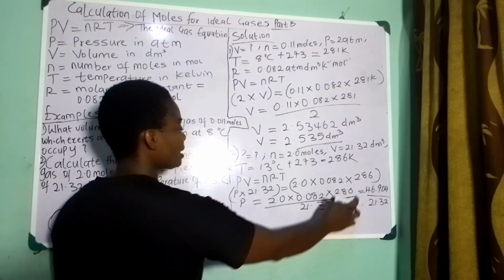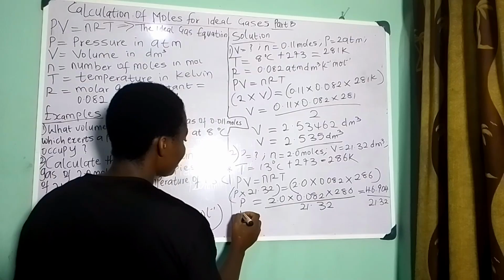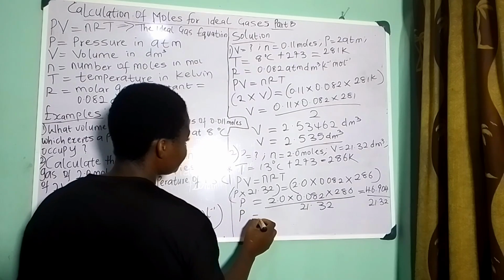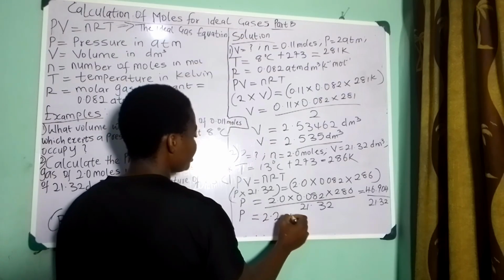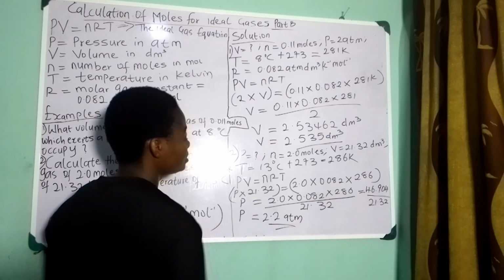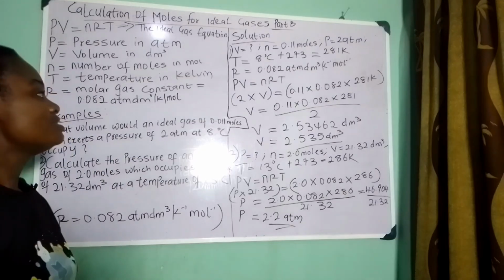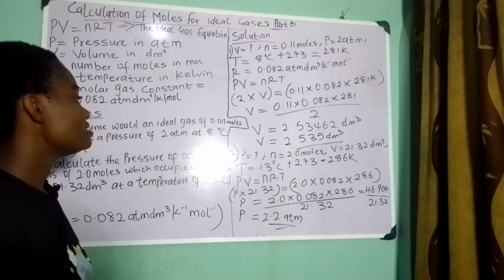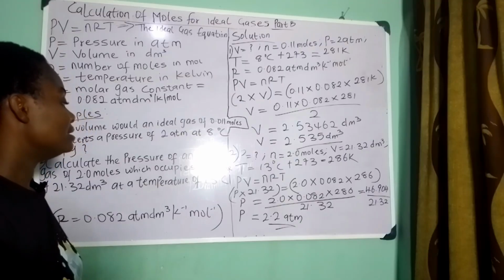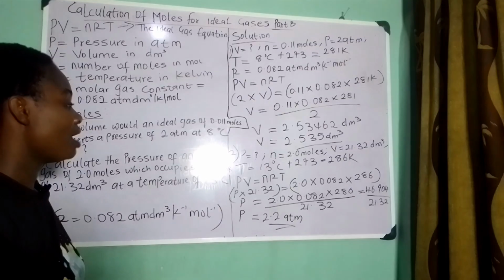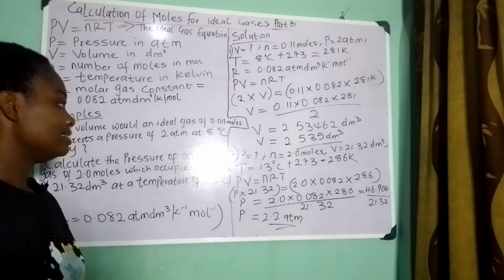Now punch your calculator and divide this. What will be our pressure in atm? 2.2 atm. Beautiful. That is the answer. As you have seen, we've been able to calculate for the first question our volume and for the second question our pressure. That is it.